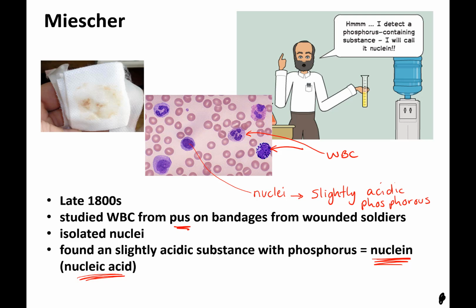But they knew in the nuclei there was both this substance and there were proteins. And really what was going on for the next 50, 60 years is trying to determine, was it proteins or was it nucleic acid that was the genetic material?